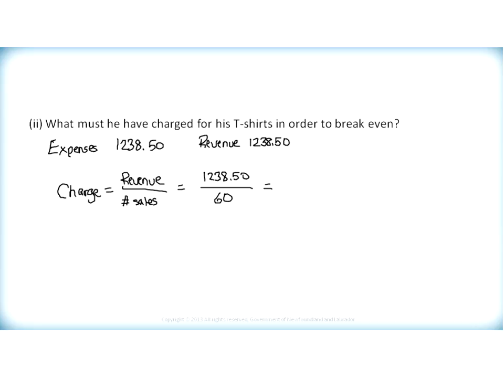So we're going to divide 1,238.5 by 60 t-shirts. That means he should have charged $20.64 according to my calculator. So the amount that he should have charged to break even, as opposed to $19.99, was to charge an extra 65 cents a t-shirt, and he would have reached a break-even point.